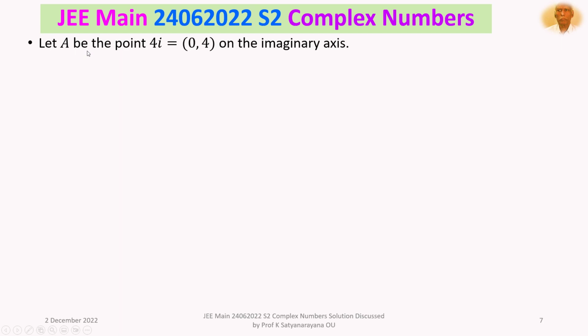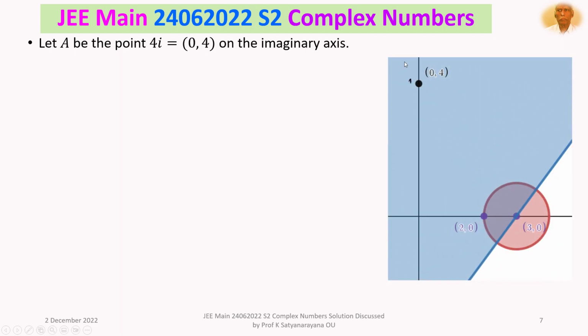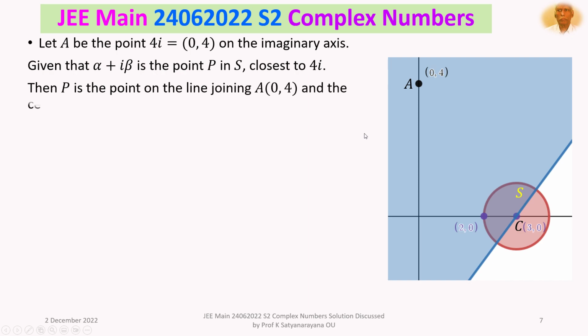Let A be the point 4i. 4i is (0, 4) on the imaginary axis. Agreed. This is your imaginary axis, and A is (0, 4). Now, given that alpha plus i beta is the point P in S closest to 4i, closest to A, what will be that point?